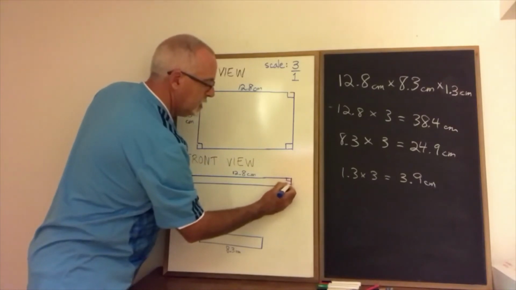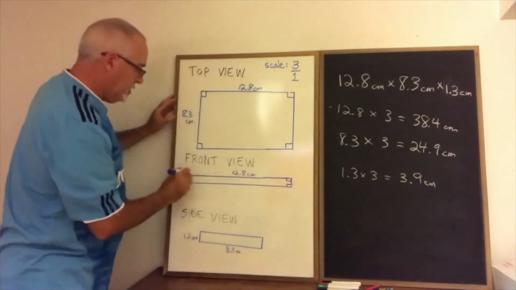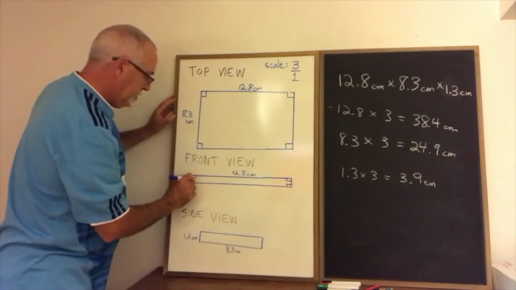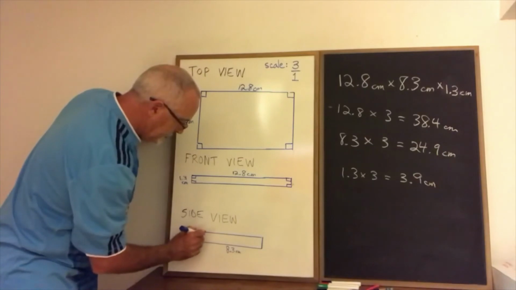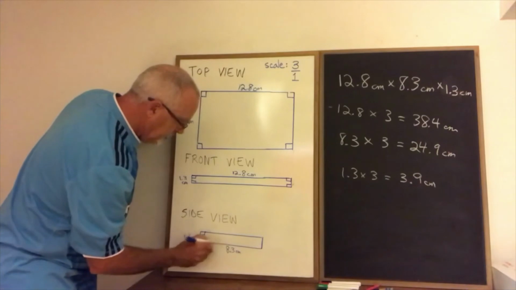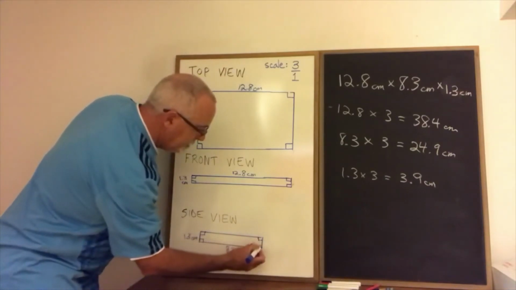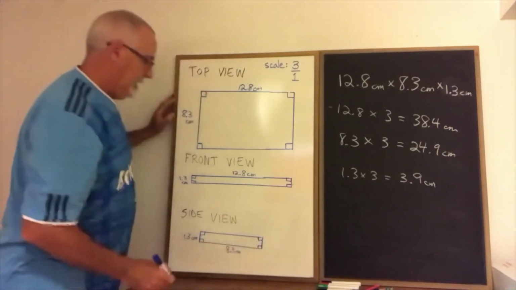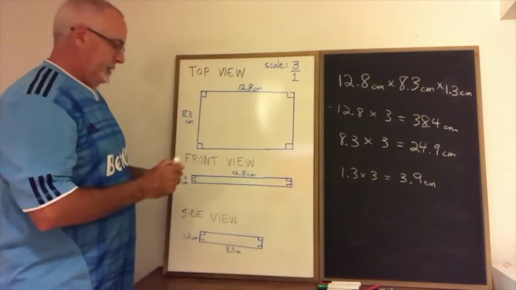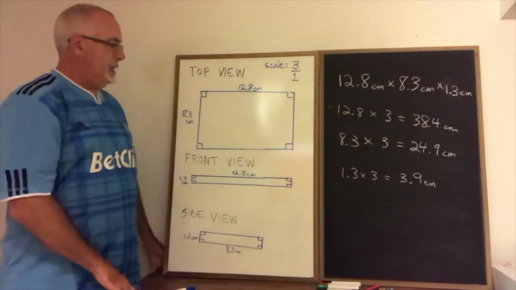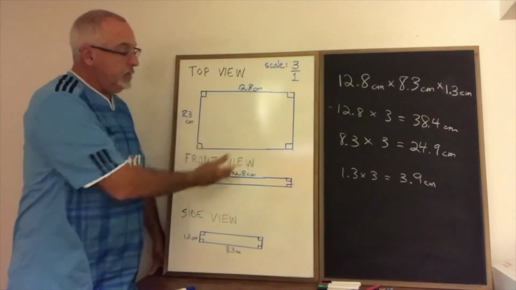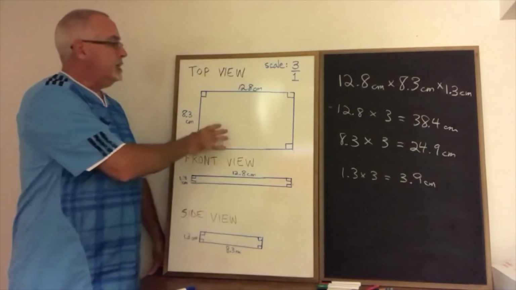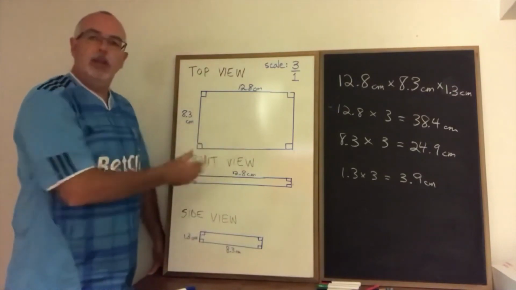Not so easy to show when you have such a skinny diagram, but I still managed. And someone who's looking at this diagram has all the information they need to understand what the shape really looks like.